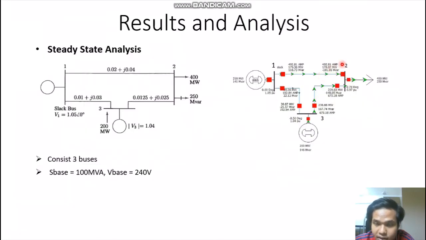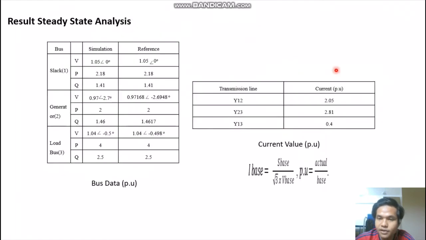The current is in actual value, so we have to convert it to per unit because it is easier for us to do the fault analysis, because some value in PowerWorld have actual value and some are in per unit, so we have to convert by using this formula.